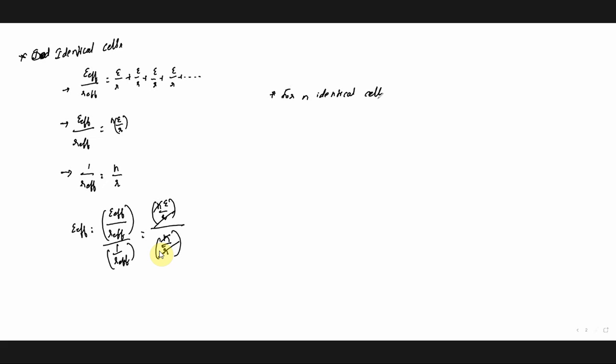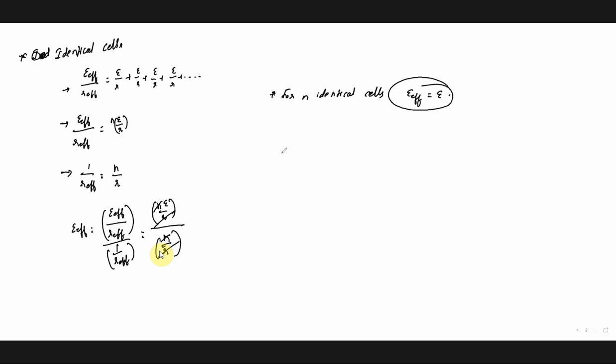For N identical cells, effective EMF is equal to E only, not NE. In which combination? Parallel combination. So in parallel combination, effective EMF is E only.